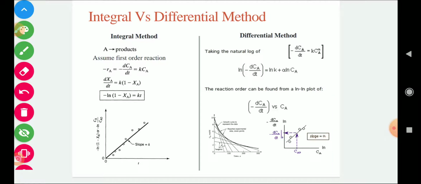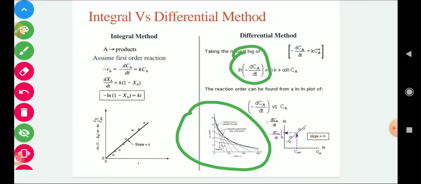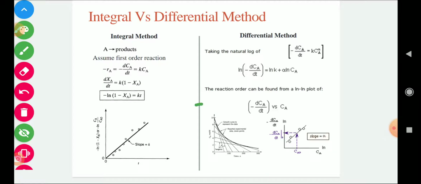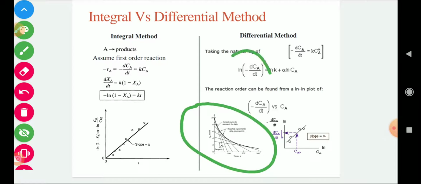For calculating dCA by dt, first of all we have to plot a graph of concentration versus time, and by free hand we have to connect all these points. Then the tangent line at a particular point in the graph will give dCA by dt. If we have concentration versus time graph, then tangent of that line will give dCA by dt.